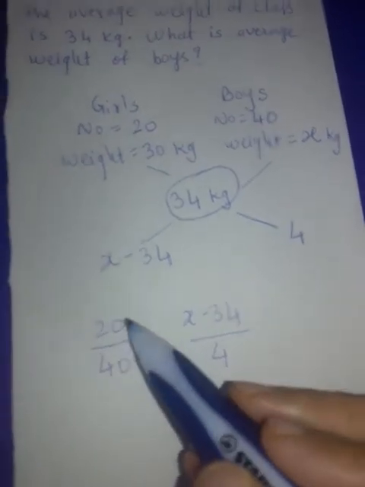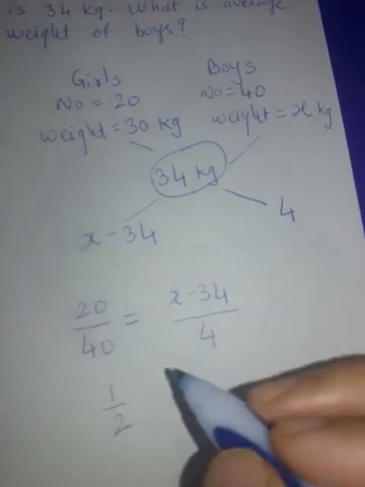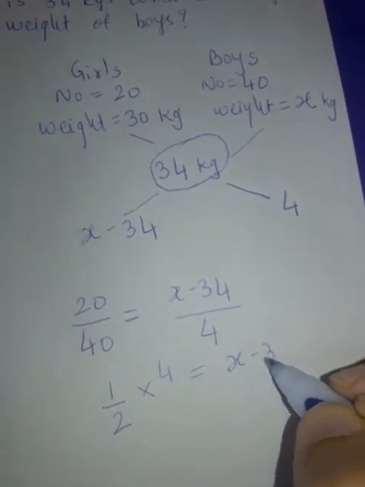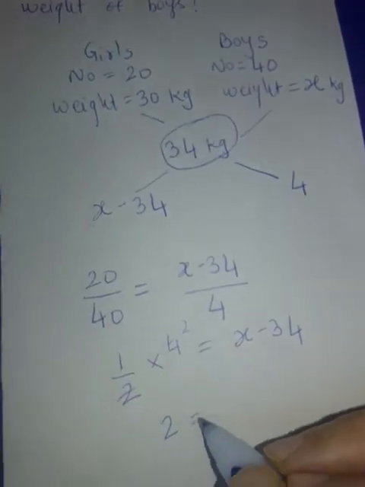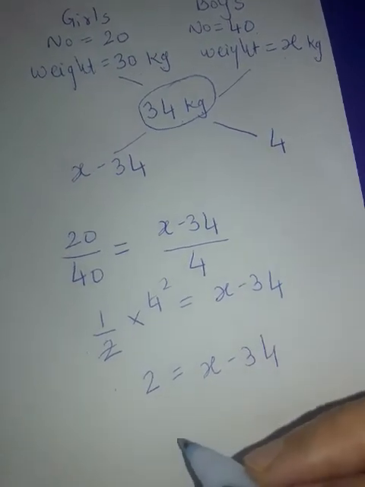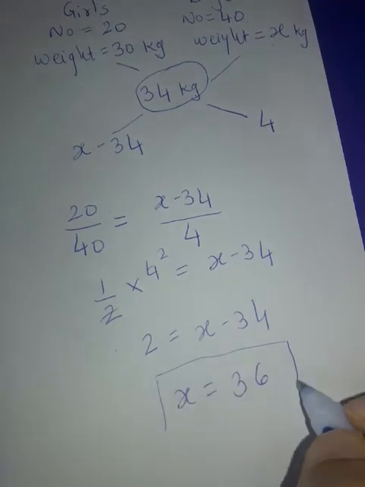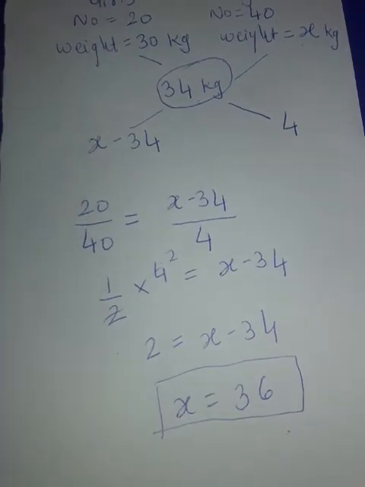Solve it. 20 upon 40 is half. Shift your 4 there. This becomes X minus 34. 2 1s are 2. So 2 is equal to X minus 34. Bring 34 here. That means X is equal to 36. So the average weight of boys is 36.